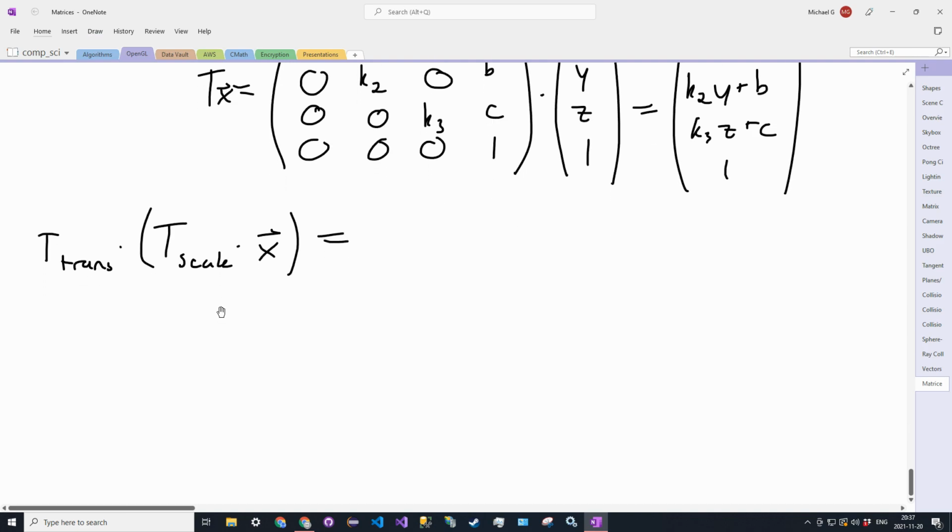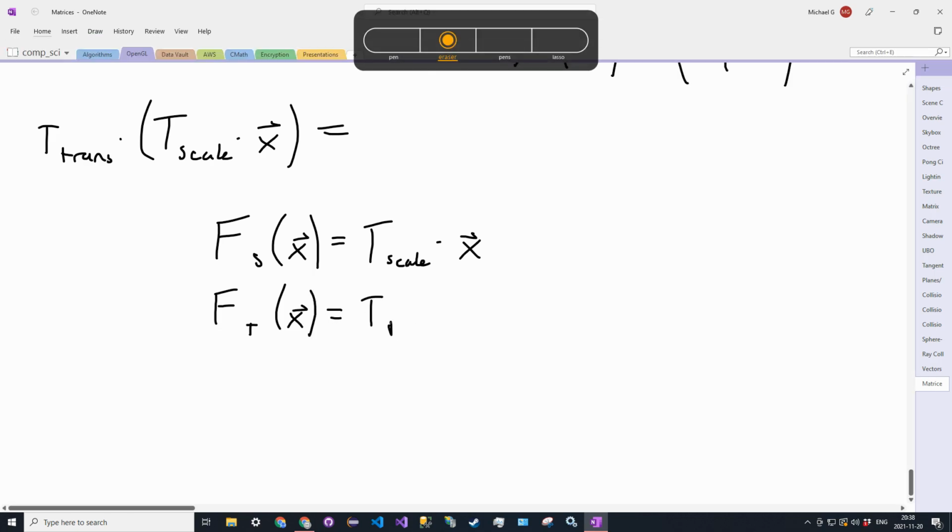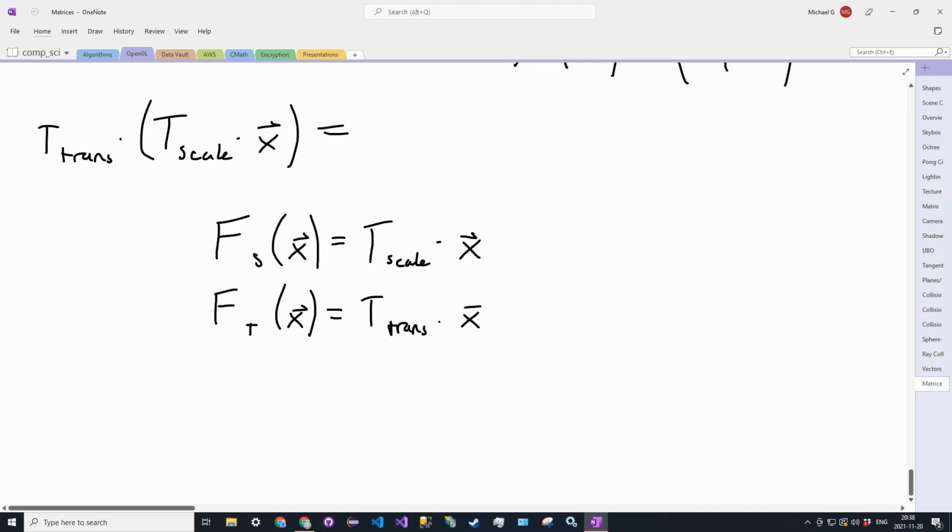If we represent T as a function, let's call it the transformation function f. So f_s is equal to T scale. This is f_s, a function of a vector x, and this returns a vector. So this is equal to T scale times the vector x, and f_t of the vector x is T translate times the vector x.